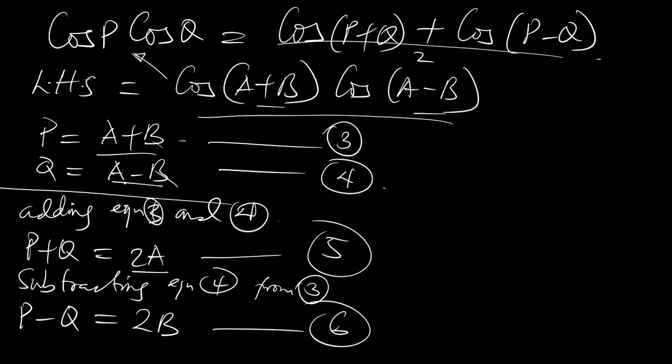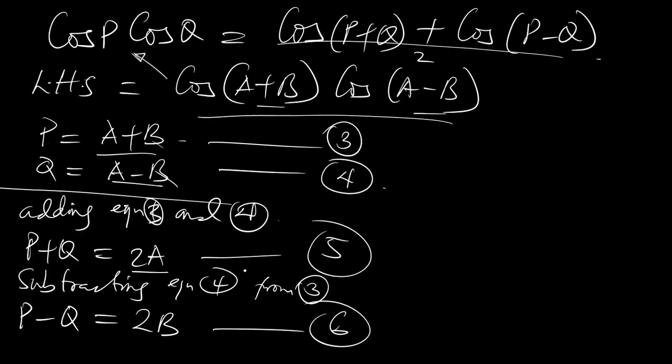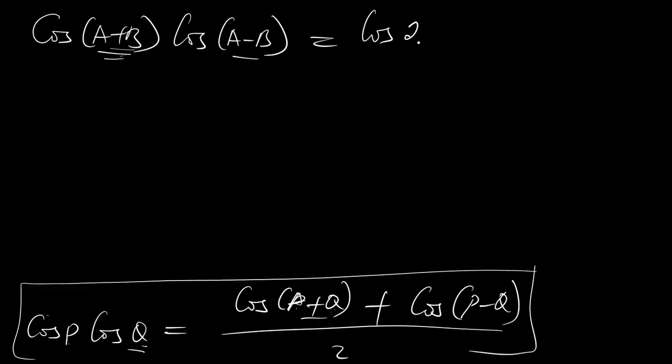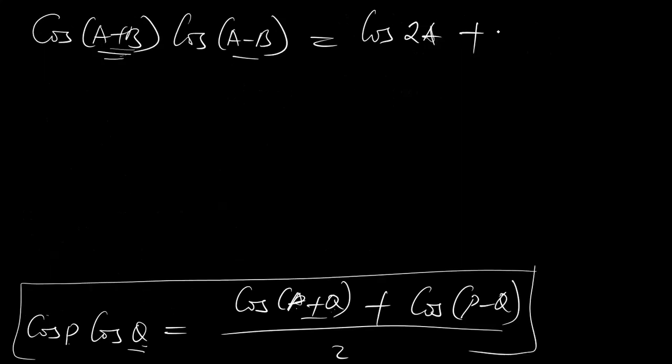Anywhere we see q, we replace it with a minus b. Then anywhere we see p plus q, we replace it with 2a. So here will be 2a plus, now p minus q is what? cos 2b divided by 2. So this whole thing is the same thing as this.